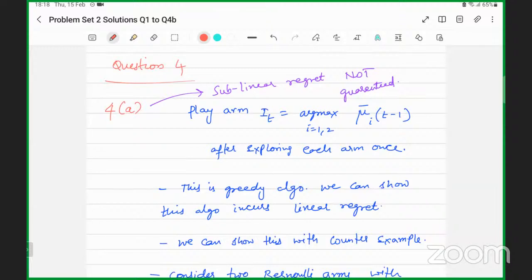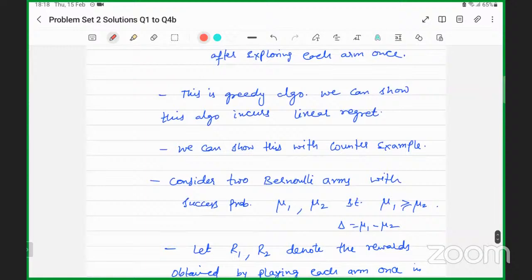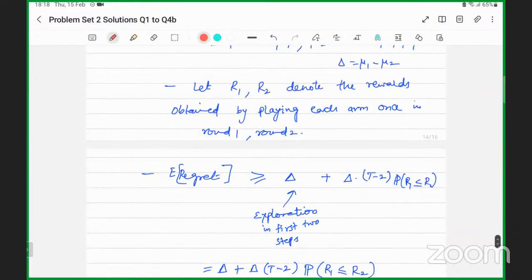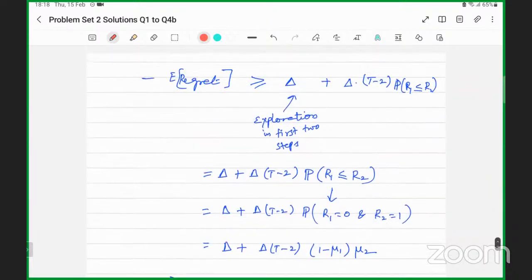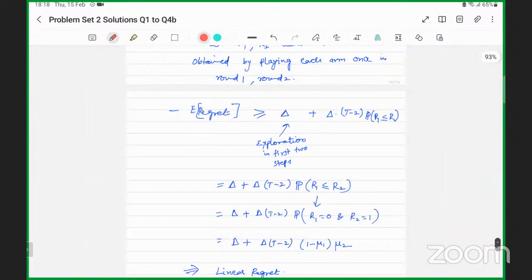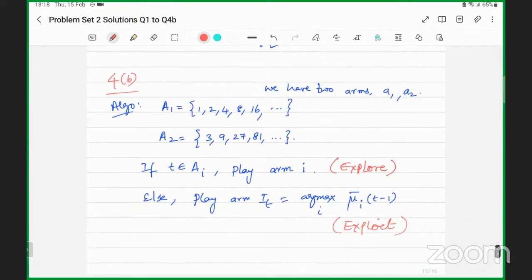The 4A question is: if you do greedy instead of epsilon greedy or UCB, can we get sublinear regret or is it linear regret? I just gave one counterexample. Okay, so what is 4B?